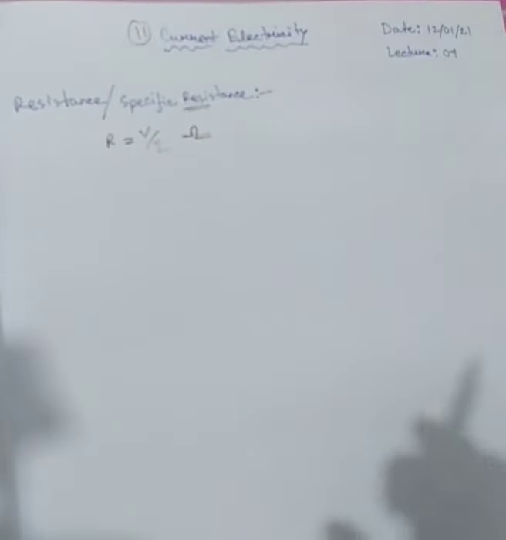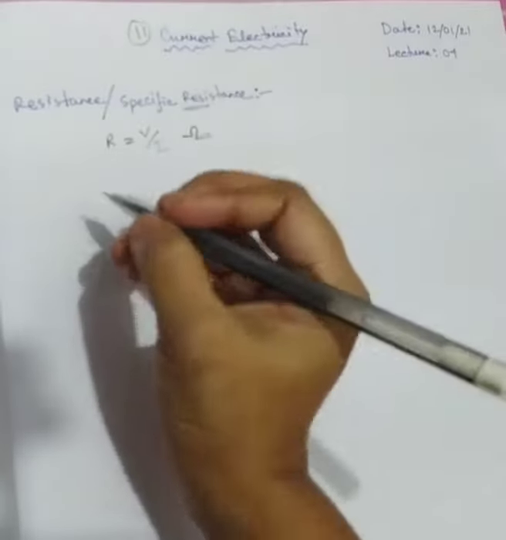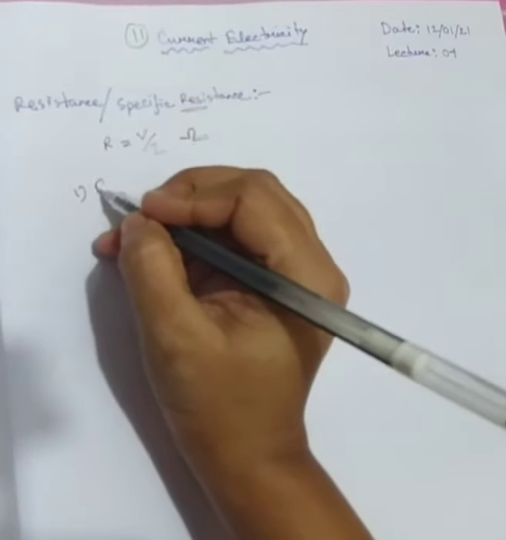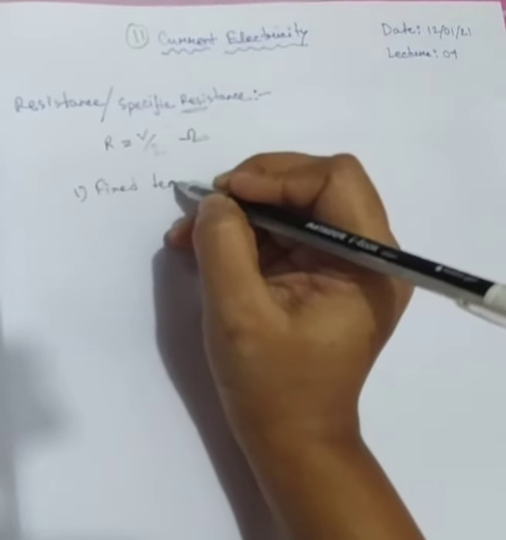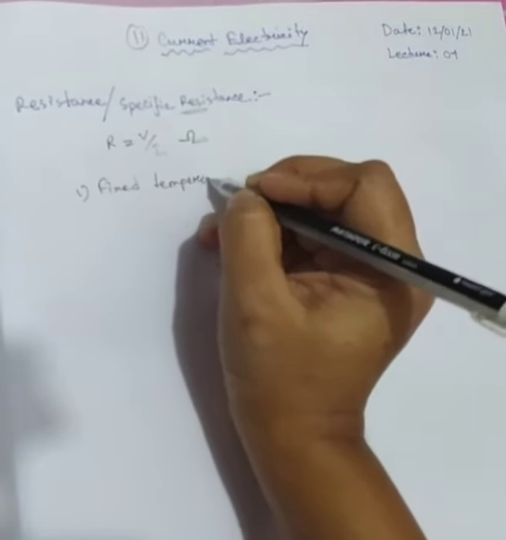Specific means making something certain. If we want to define specific resistance, we have to maintain some conditions. The first condition is fixed temperature. For measuring specific resistance, the temperature should be fixed.